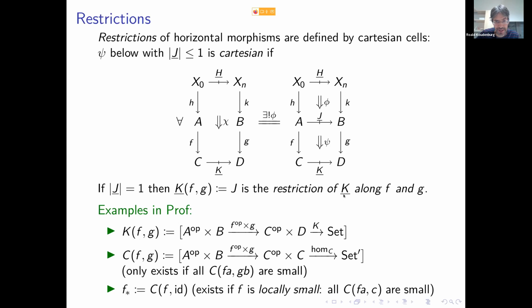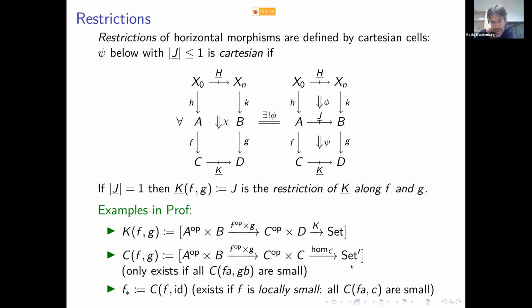If instead k underline is an object, an empty path, an object C, then that restriction of C along F and G is the same composite, except that instead of the pro-functor, now we use the homsets of C.